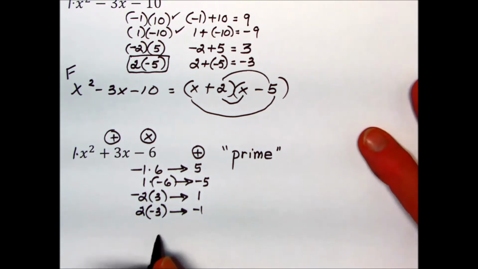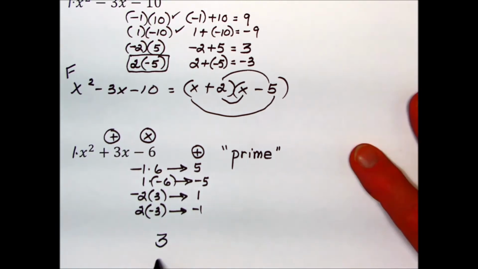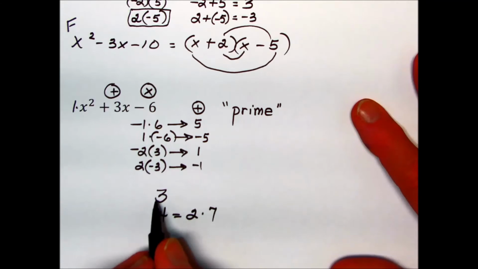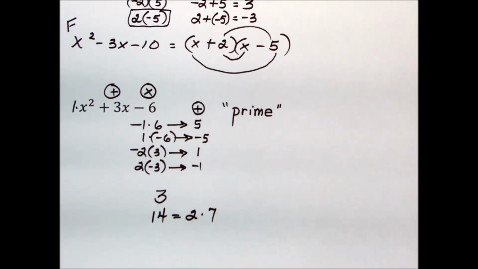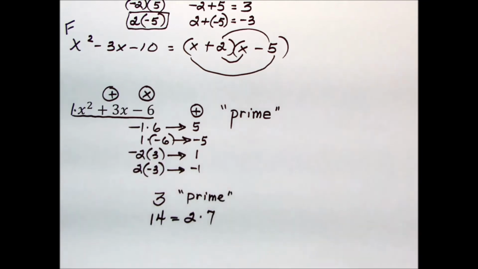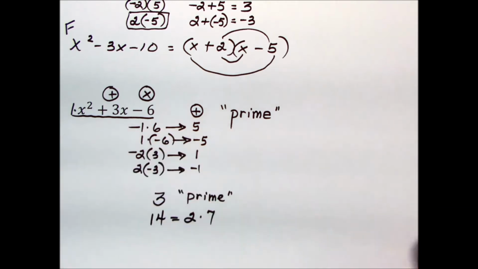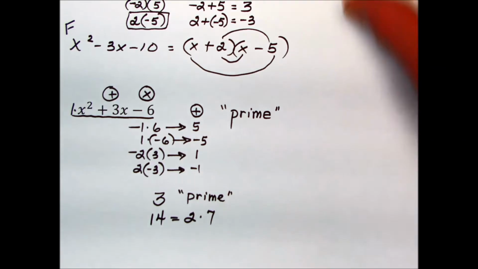And think about prime numbers. 3, for example, is a prime number versus 14, which is a composite number. 14 can be broken down into a prime factorization of 2 times 7, where 3 is prime and we're done. Well, we have the same thing in the algebra world with polynomials. It's possible that they just are prime.